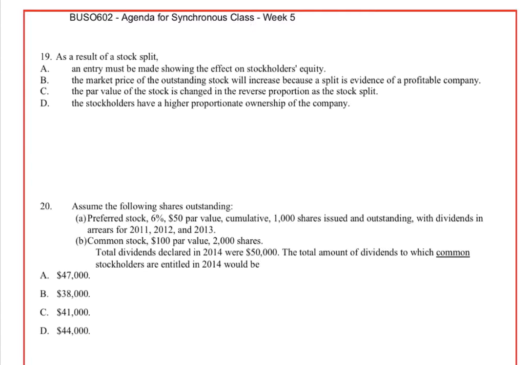Question 19. As a result of a stock split, what's the effect of that? Remember, a stock split is where a company simply says, we used to have shares with one par value, we're just going to increase the number of shares and decrease the par value of each share.